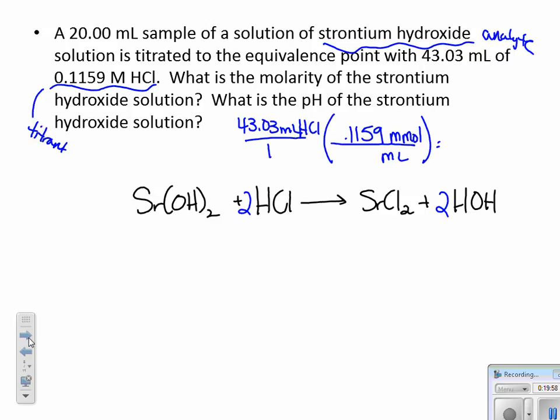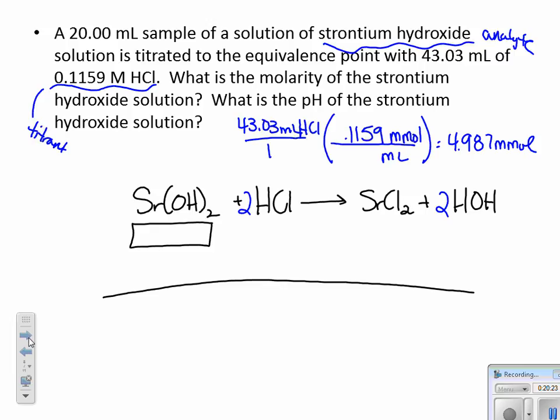We are looking at 4 significant digits, 4.987 millimoles. This is the value that goes into our BCA chart because we know how much hydrochloric acid was used. We're solving for how much strontium hydroxide must have been present as well.